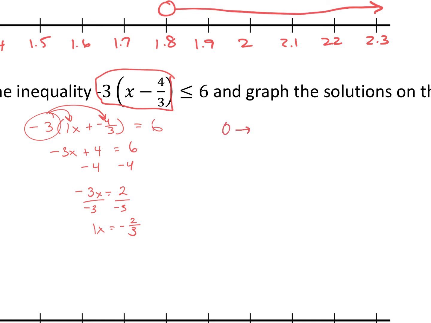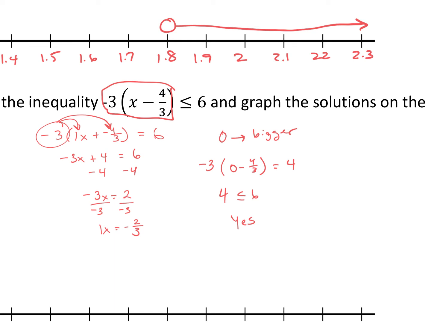I always like 0, and in this case 0 is bigger than -2/3. So when I plug 0 in, I have 0 minus 4/3, which is just -4/3, and then -3 times -4/3 is a +4. +4 is indeed less than or equal to 6, so that is a true statement.